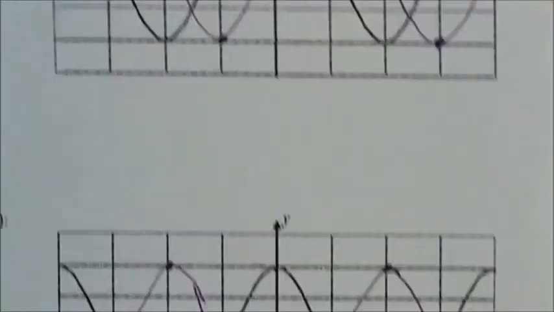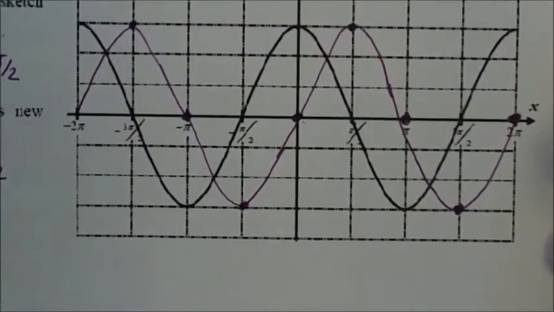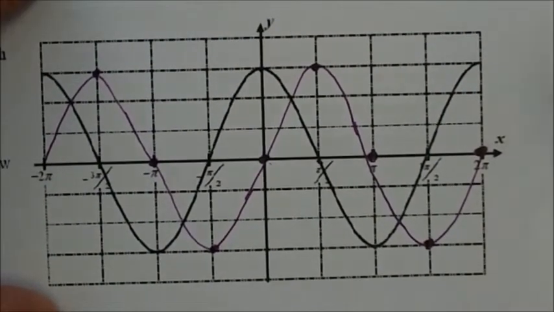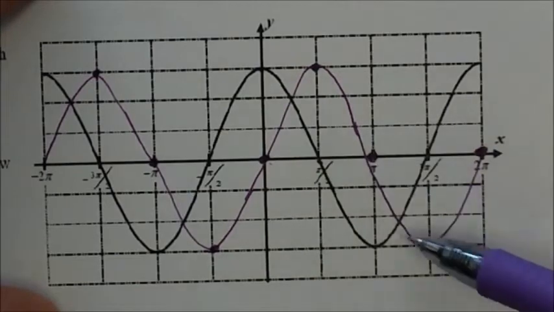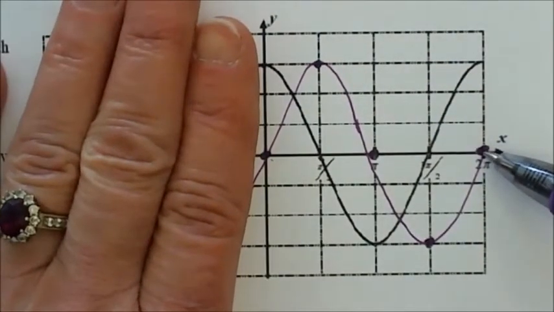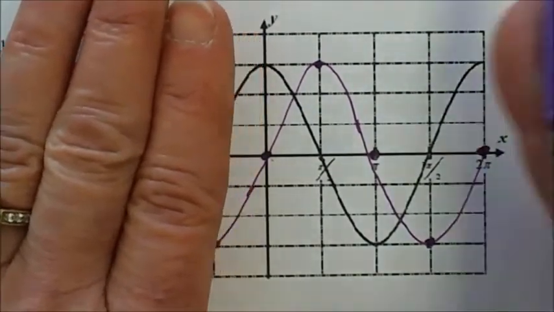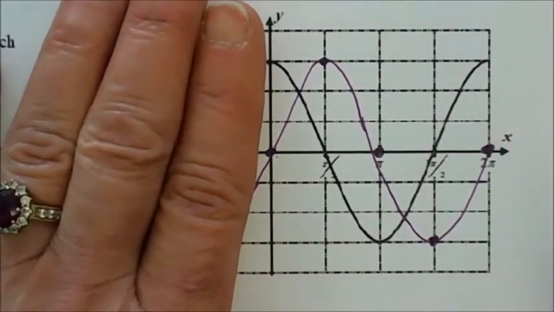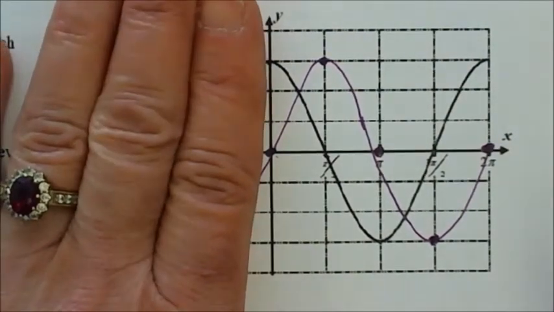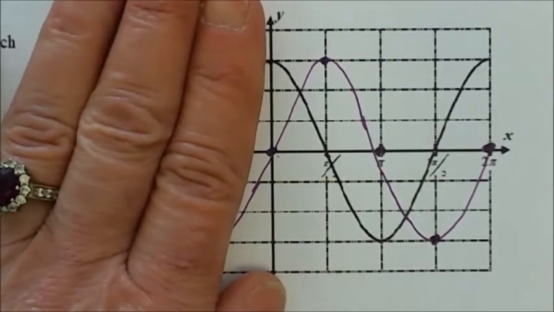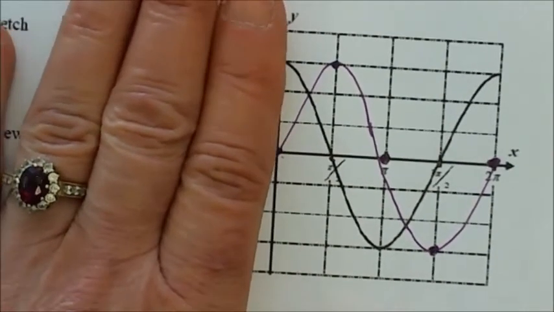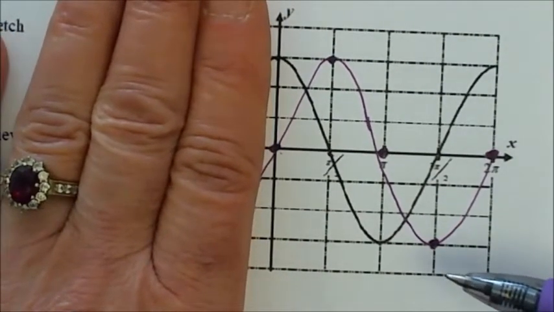And if I go back up to the first example, I want to take my graph here that's in purple, and if I don't look at it as having any type of shift, this wouldn't be a cosine curve, would it? It would be a sine curve with no shift.